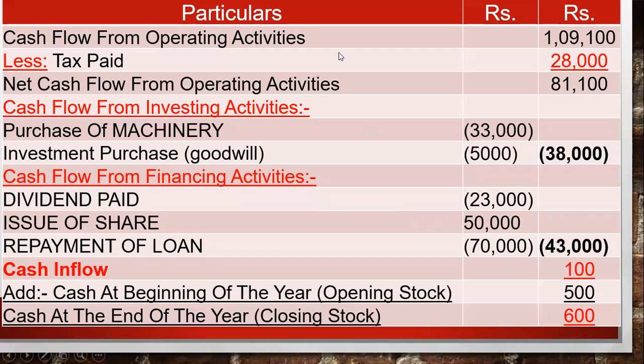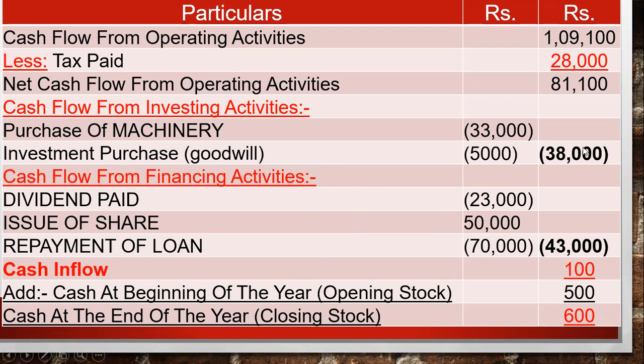Clear everyone? So you have to show it as an investment purchase of rupees 5,000 and write it in brackets because it's an outflow of cash from the business. Clear, everyone?